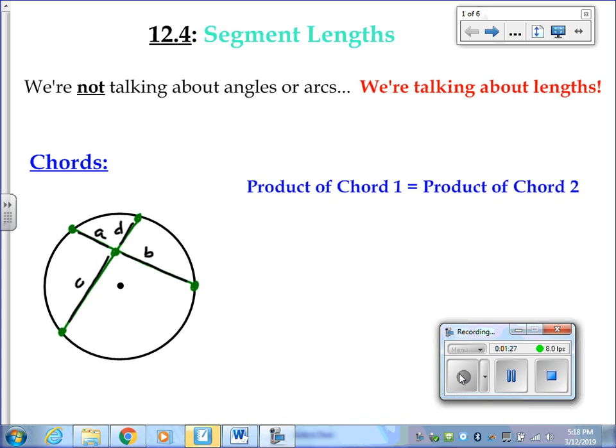The product of chord 1 equals the product of chord 2. So basically, let's analyze the two chords that we drew.